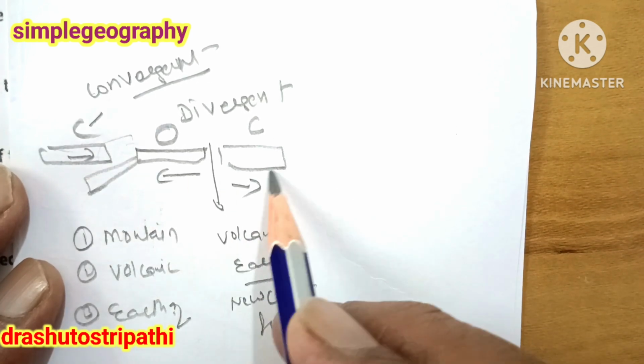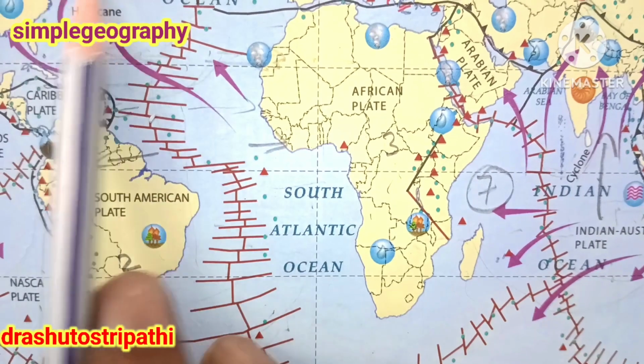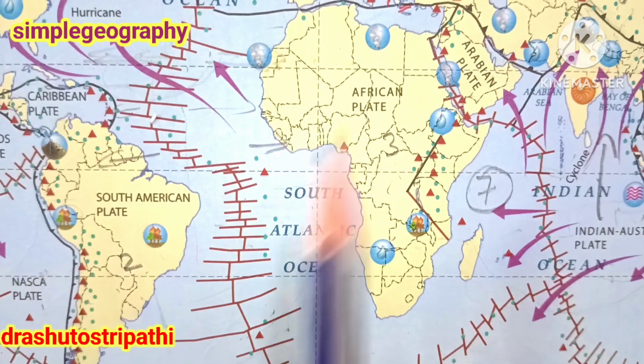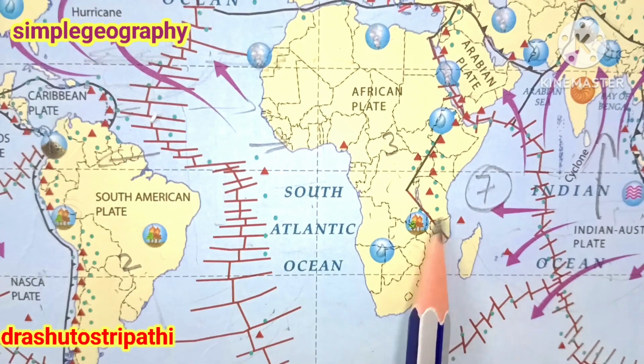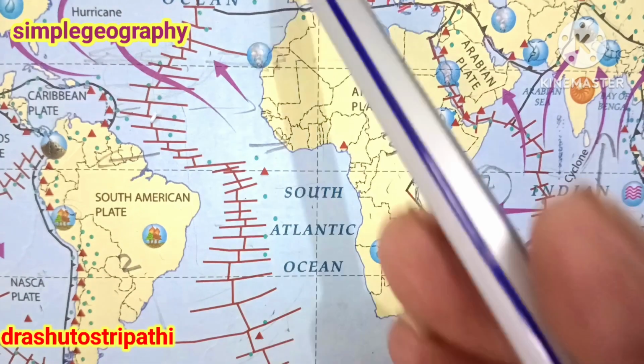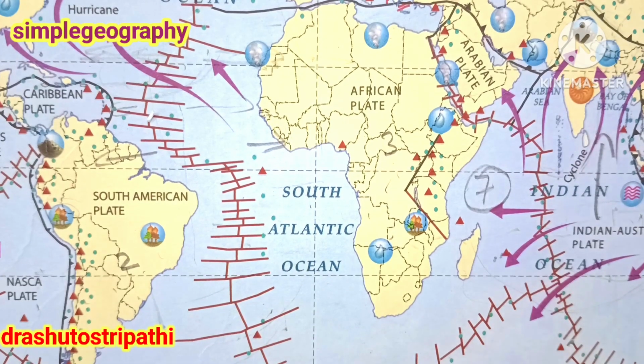So this is the best example of this type of divergence. When the North American plate and South American plate move against the Eurasian plate and the African plate, the new crust is formed here, and that process is known as sea floor spreading.